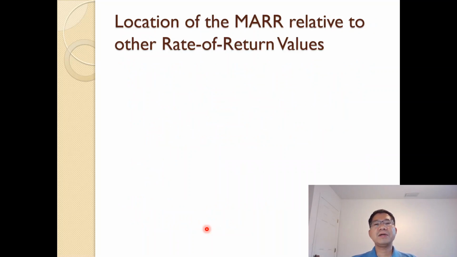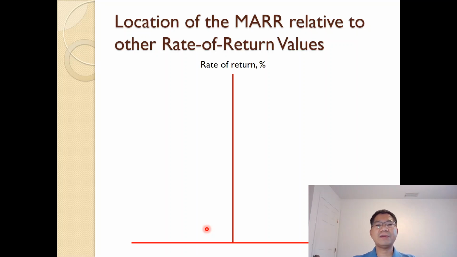For the MAR here, let's look at the location of MAR relative to other rate of return values. If we have the return on investment of a safe investment, let's see what a safe investment is: less risky or zero risk. What does that mean in the US? It means that if you buy US Treasury bills, federal government bonds, etc., that is considered safe.